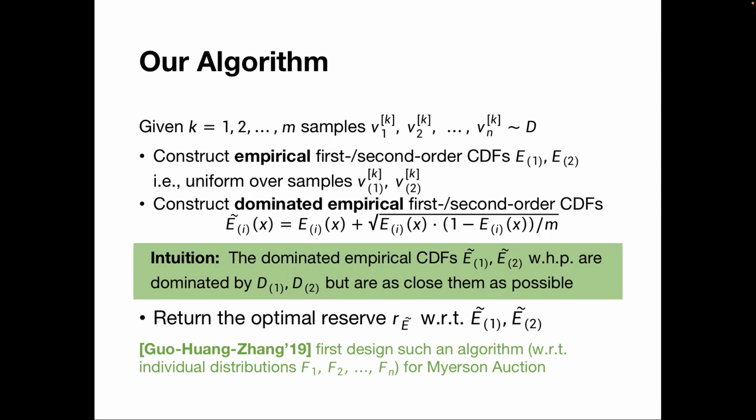And the important part, the point of this construction, is that at the two extremes of this CDF, when the CDF is close to 0 or 1, we are more careful and we just shrink the empirical distribution by a very small amount.